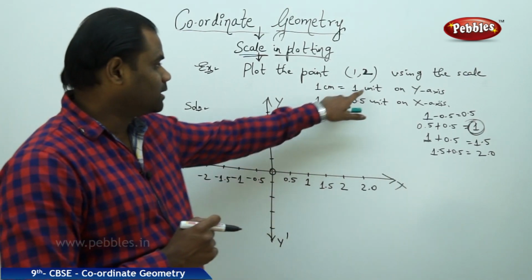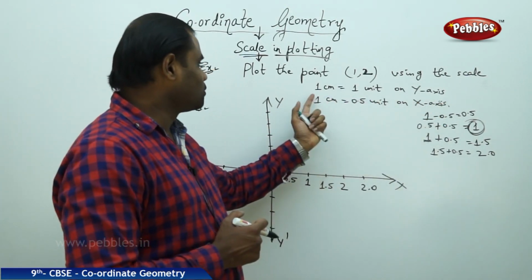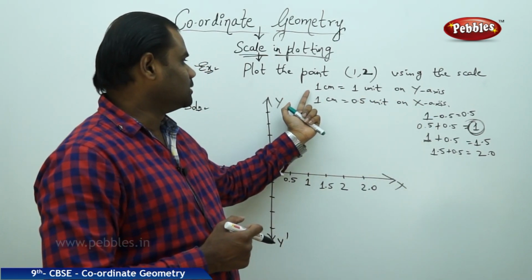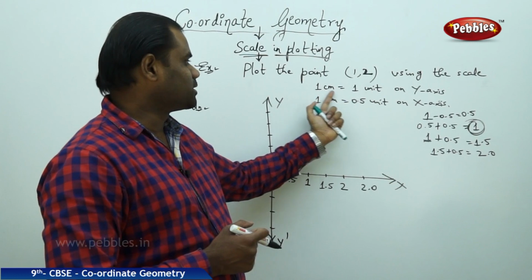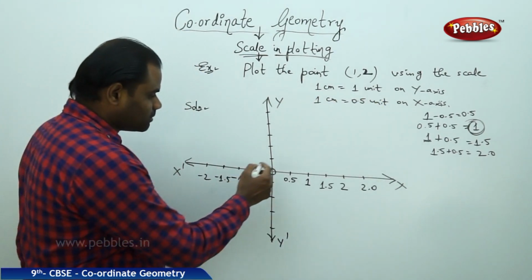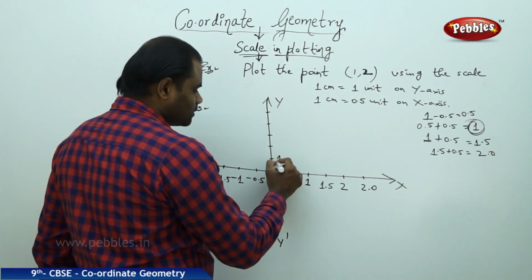Next comes the scaling on the y-axis. How do we scale on the y-axis? Clearly on the y-axis, 1 centimeter is to be taken as 1 unit. So every 1 centimeter of the grid is taken to be 1 unit.